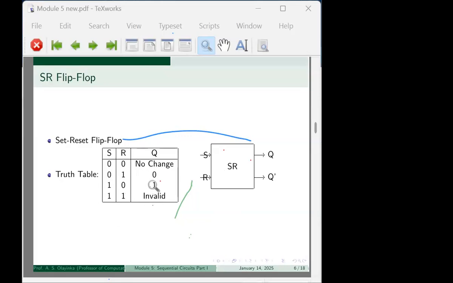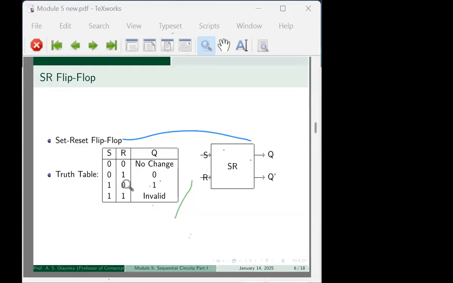Now, let's look at what we have here. If you have 0, 1 in the AND, what will it give you? 0. And 1 and 1 give you 1. 0, 1 will give you 0.